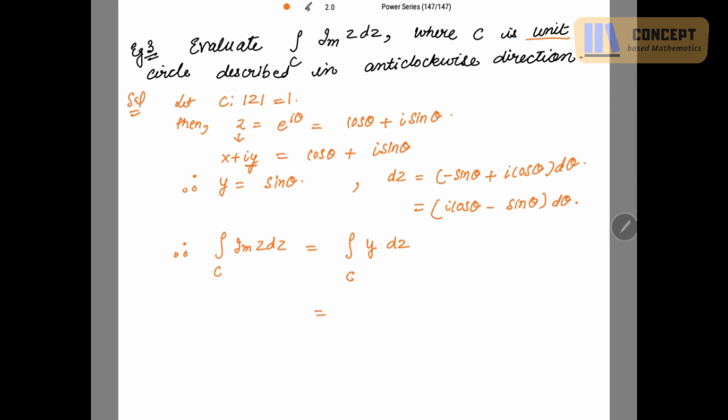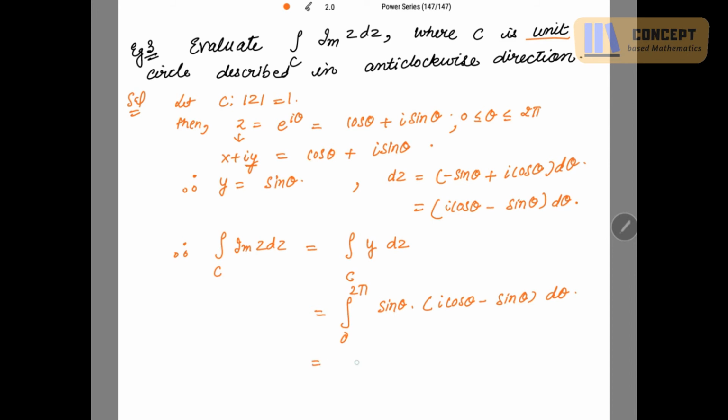This is equal to, now since I have taken z to be in the polar form, here the limits are θ from 0 to 2π. What is y? This is sin θ. And what is dz? It is i cos θ minus sin θ dθ.